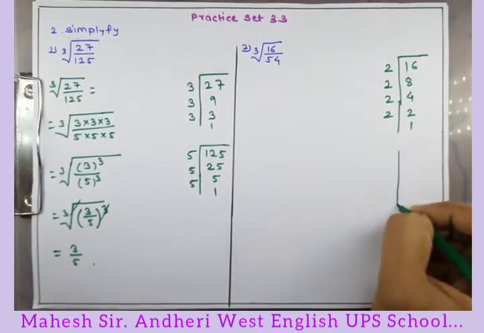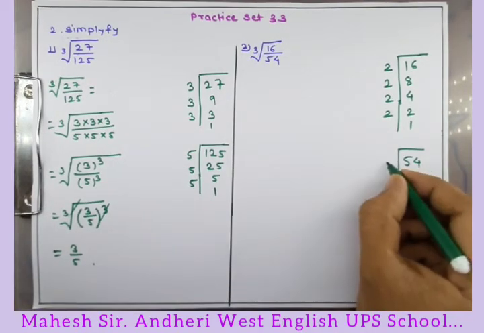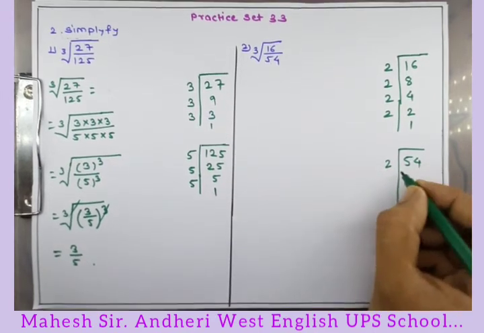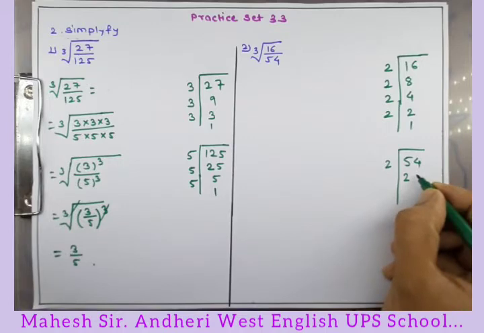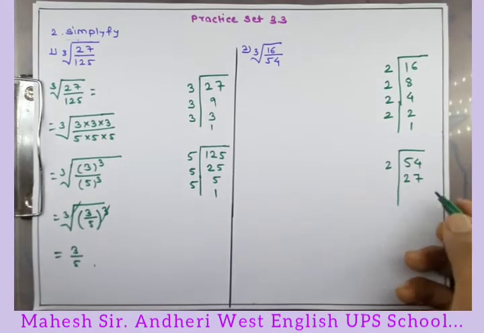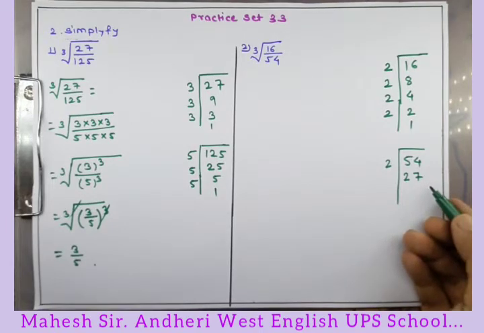Then we will find out for 54, right? At the ending 4 is there, means it is divisible by 2. So 2 2s are 4, 1 remaining, and 14 is there, so 2 7s are 14. Here 7 is an odd number, not divisible by 2, therefore we will go for the next prime number, that is 3.